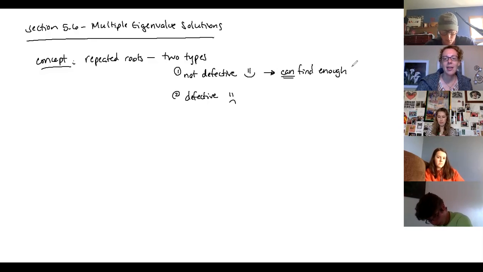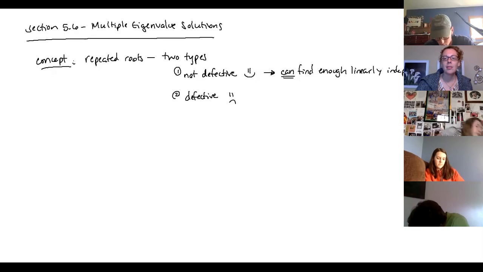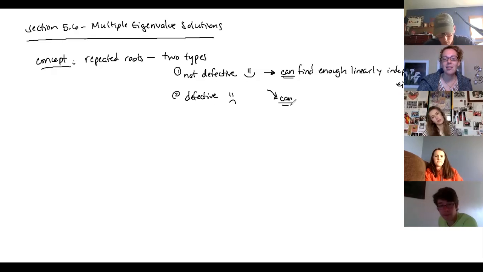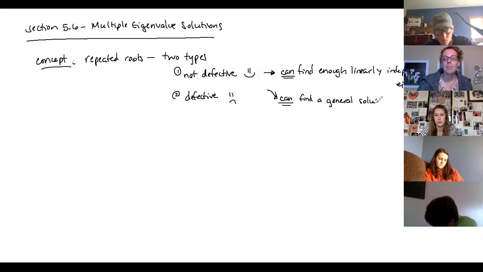This is why it's happy. And what that means is that we can find a general solution. This is the happy case. We like the not defective case.